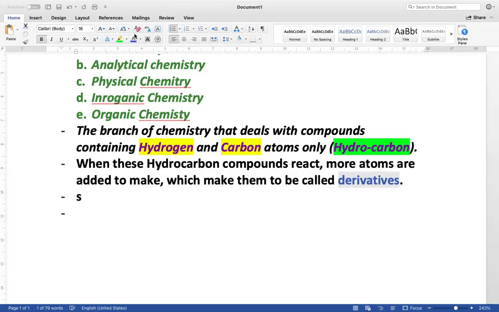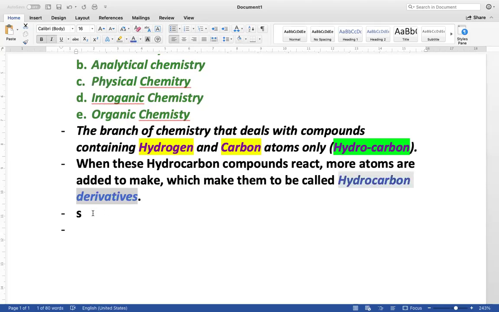When they react, other atoms will be added to them. They will no longer be called hydrocarbon compounds because more atoms are added to them. Therefore, we will call them hydrocarbon derivatives, meaning they are derived from hydrocarbons.